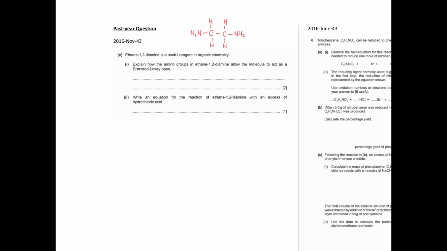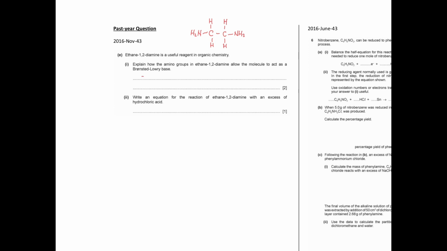So part 1, explain how the amino group, meaning the NH2, in ethane-1,2-diamine allows the molecule to act as a Bronsted-Lowry base. Okay, the NH2 is the amino group. A Bronsted-Lowry base is a proton acceptor. So why? Because it has a lone pair, so it can act as a proton acceptor, an H+ acceptor.